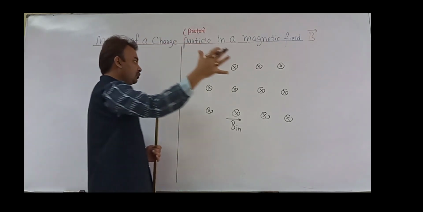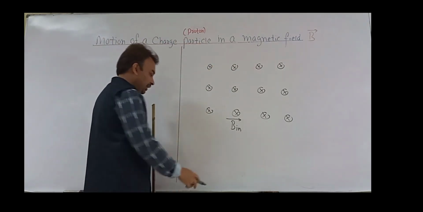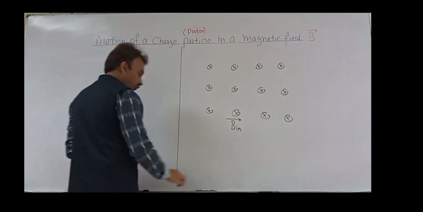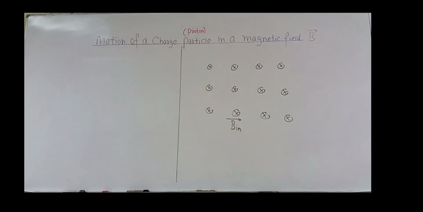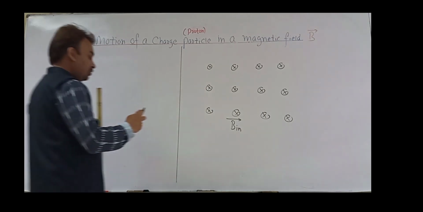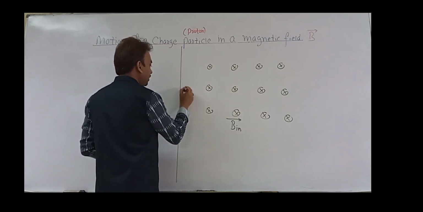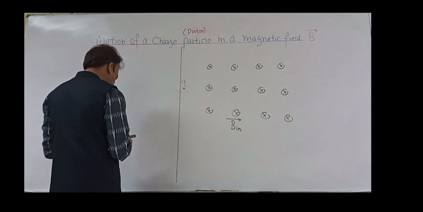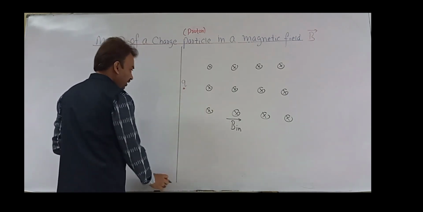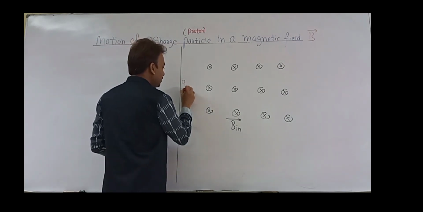So the magnetic field is going inside the board, and our charged particle will come from outside and try to move inside the magnetic field. So assume we have a charged particle here. This charged particle is now trying to move inside the magnetic field with some speed v.